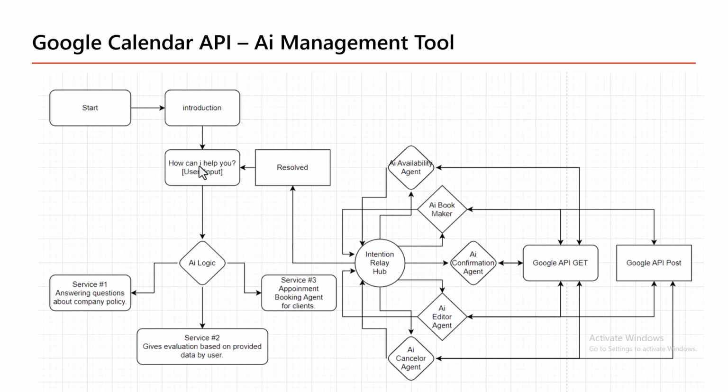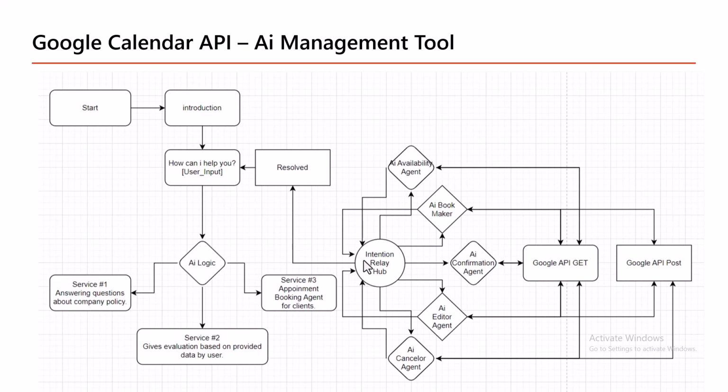It asks the user for a question, and then the user input is sent to the AI logic, which will determine, in this example, if the user will be sent for service number 1, service number 2, or service number 3. In this example, we will deal with service number 3, which is appointment booking agent for clients, which would be actually this intention relay hub.